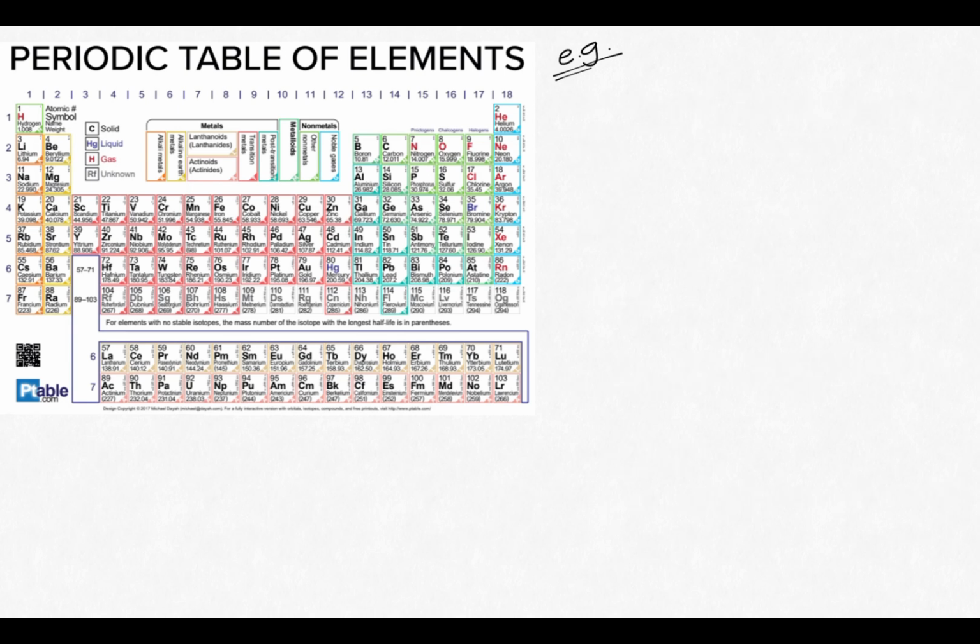Then we can look at an example on how to calculate the relative molecular mass, and we're going to use water as an example. The first thing that we're going to do is look at the relative atomic mass of the atoms found in water. Hydrogen has a relative atomic mass of 1 and oxygen has a relative atomic mass of 16.